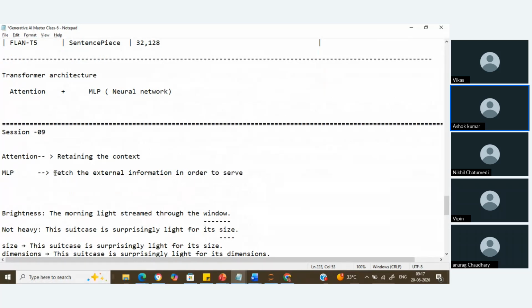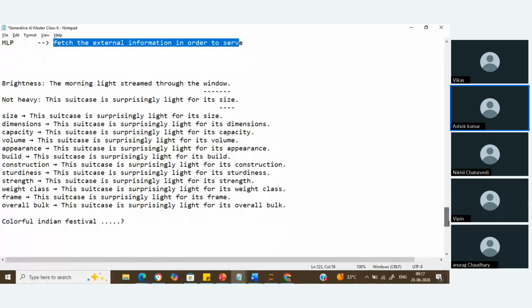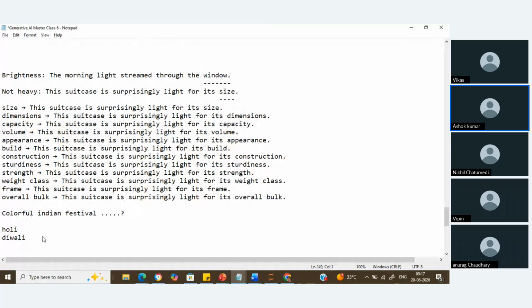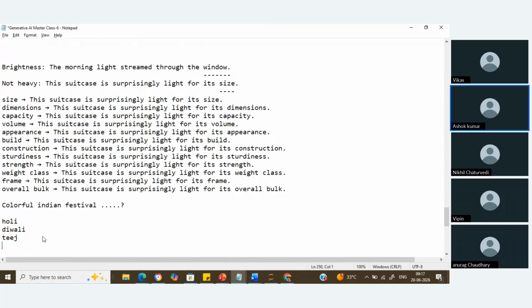So external information, from where are we getting this information? Colorful Indian festival, and it has given, say, Holi, Diwali, and say these. Let me take these three festivals. So it is able to fetch three festivals, but which one is correct based upon this particular context?